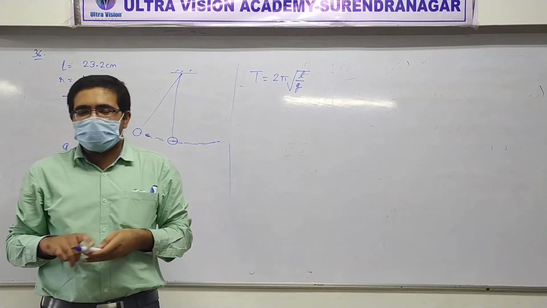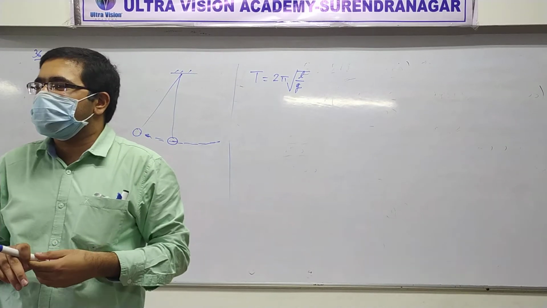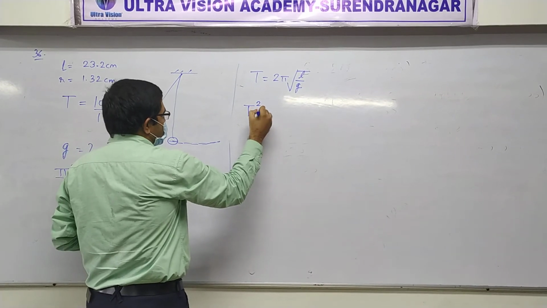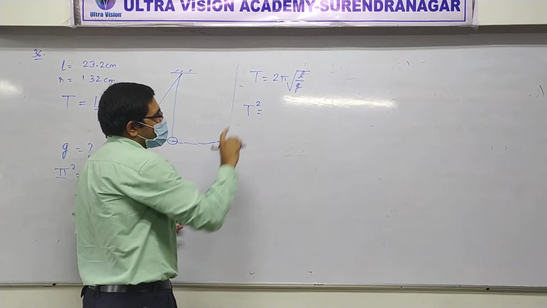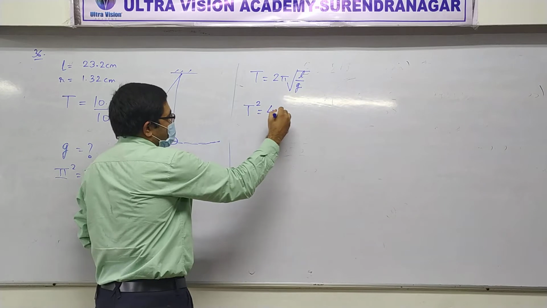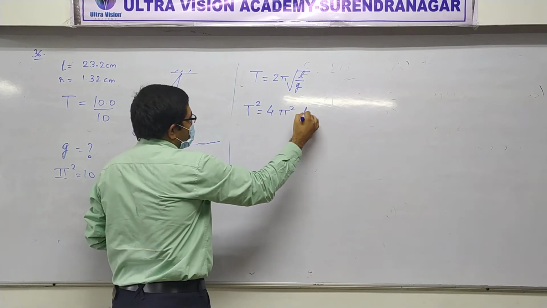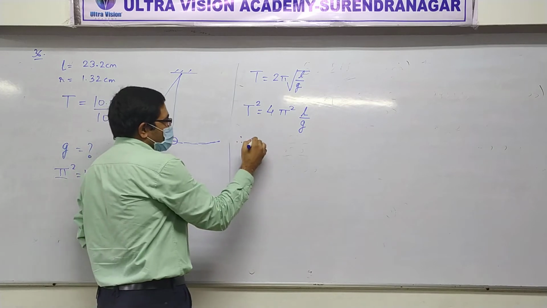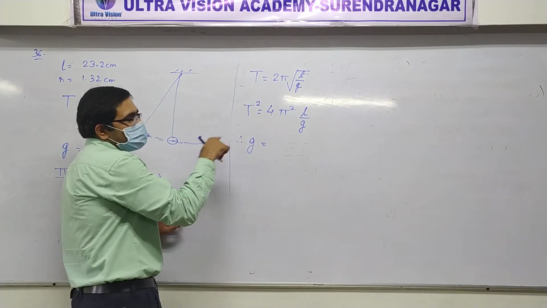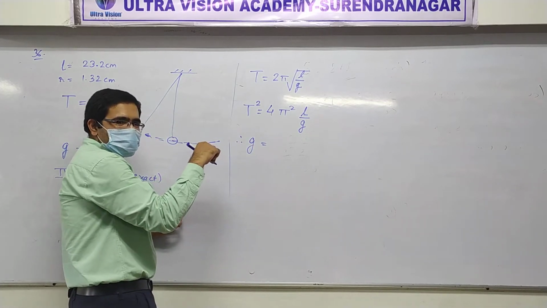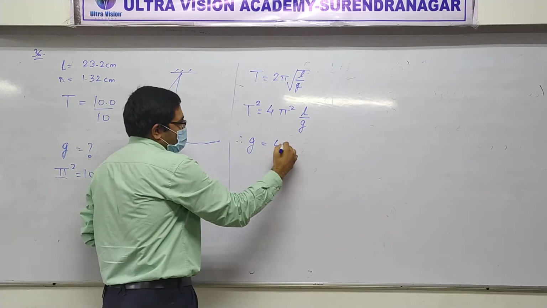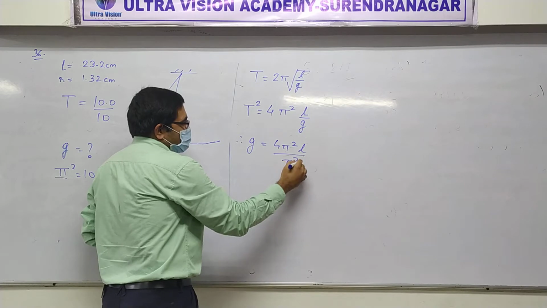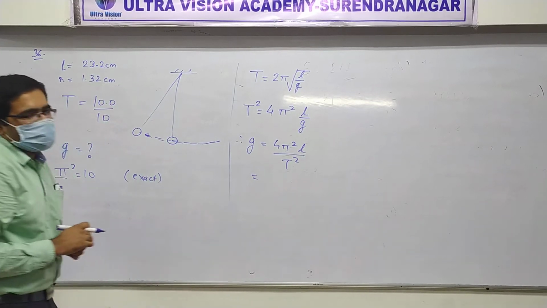So to remove the root, we should square both sides. So T square is equal to 2 square, 4 pi square, and then remove the root, so L upon G. Understood? So G is equal to 4 pi square L upon T square. Very good.